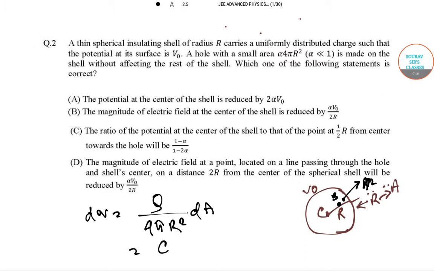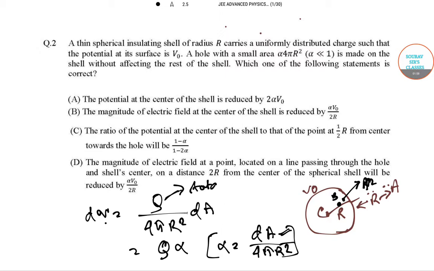This is the q into alpha, where alpha equals dA by 4 pi r square. dA is the small change in area, and dq is the small change in charge, and this is the total charge divided by 4 pi r square.